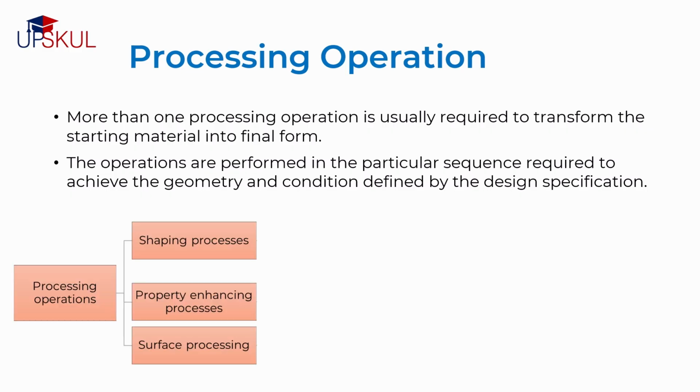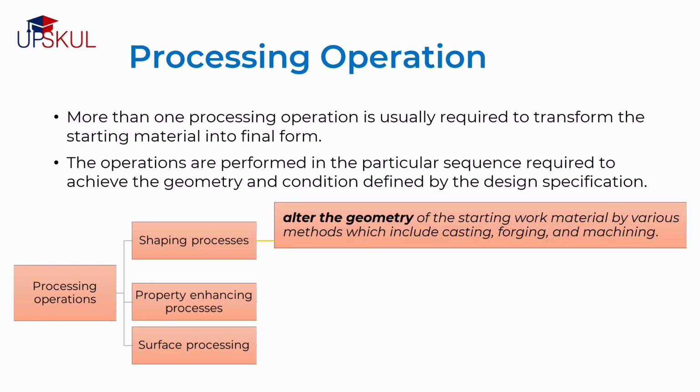There are three categories of processing operations: shaping operations, property enhancing operations, and surface processing operations. Now, shaping operations alter the geometry of the starting work material by various methods, which include casting, forging, and machining.